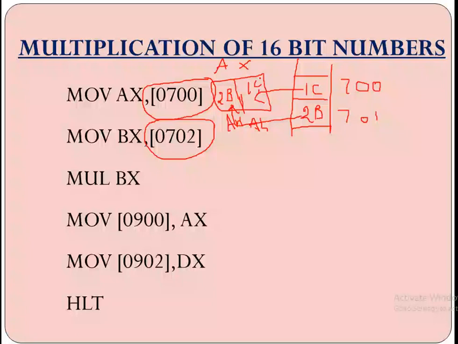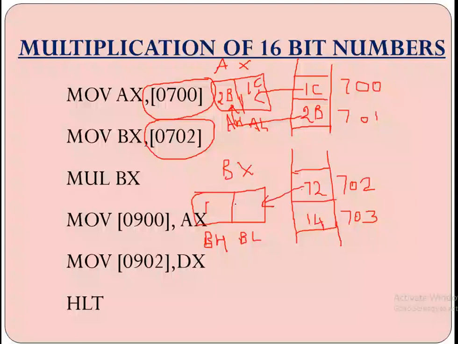Now this data will be stored like this in BH and BL. So 72 will be stored in BL and 14 will be stored in BH. So in BX you will be having 1472.